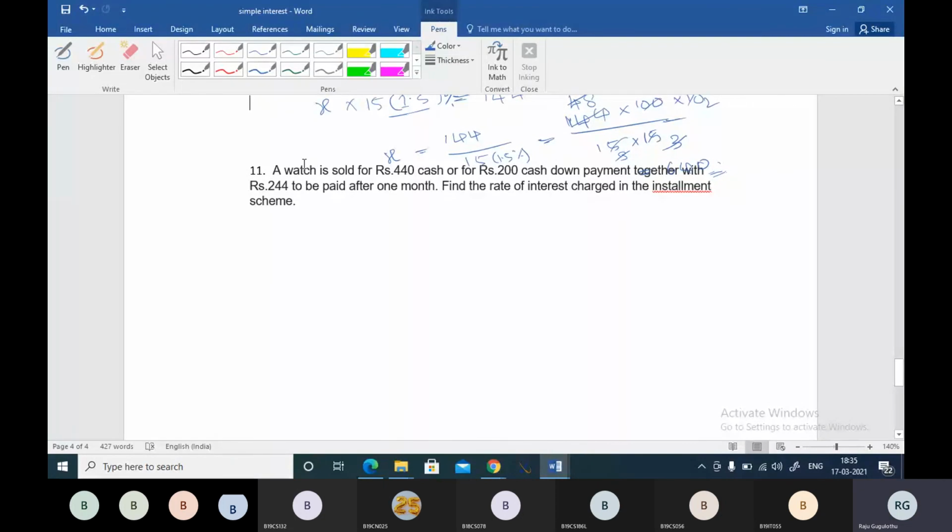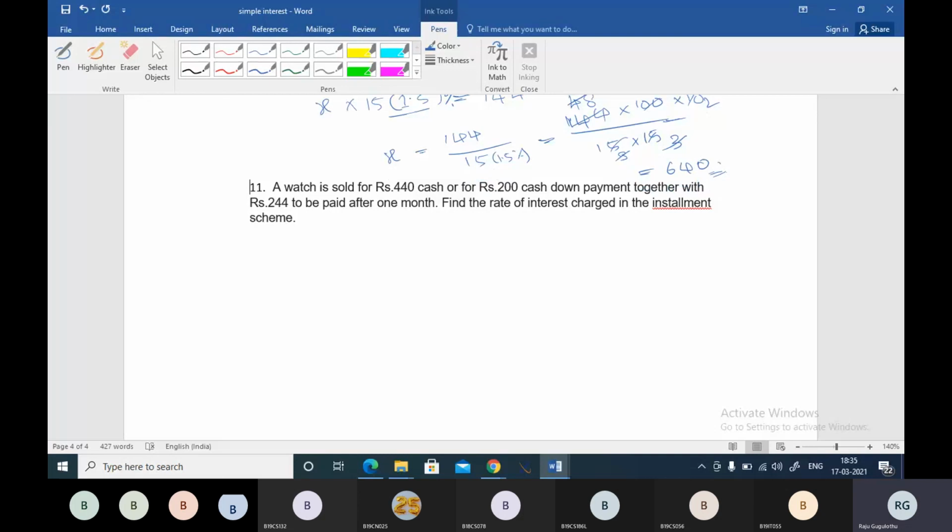A watch is sold at 440 cash, or 200 cash down payment. So either you pay 440, or you pay 200 down payment. If I pay 200 down payment, then I will have 240 rupees remaining, and for this 240 rupees I will have to pay interest.